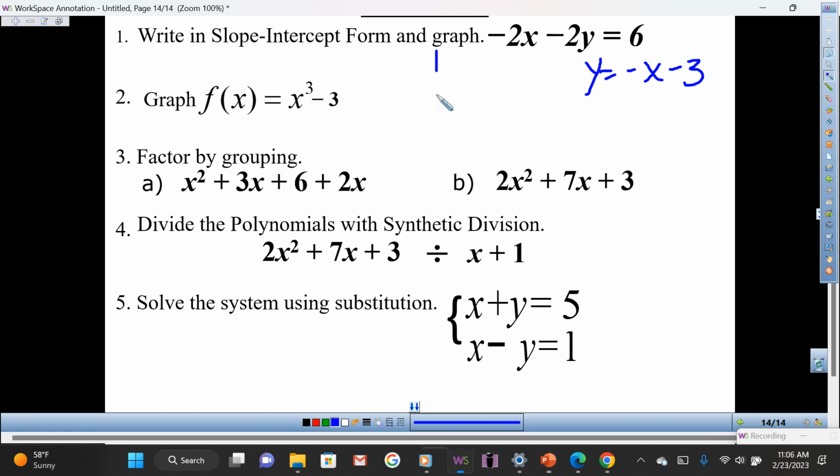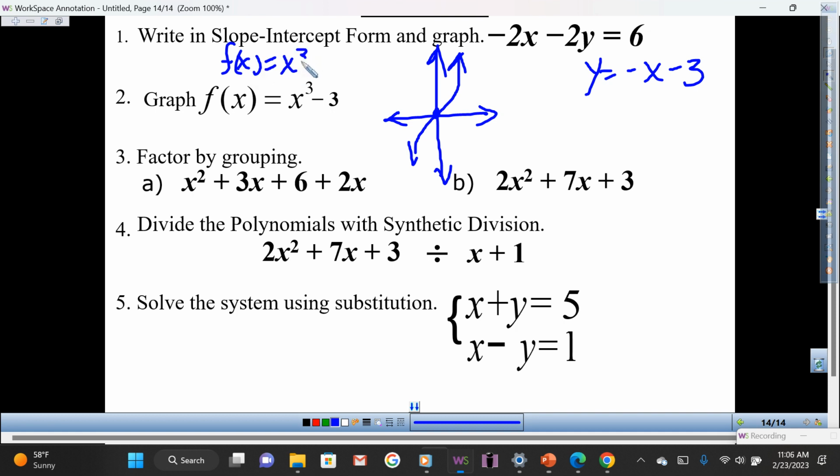Number two, the parent function of that one is going through the point of origin, and it looks like this, which means our parent function is f of x equals x cubed. So what am I going to do to that? Tell your neighbor, please, before I call on Alyssa. All right.